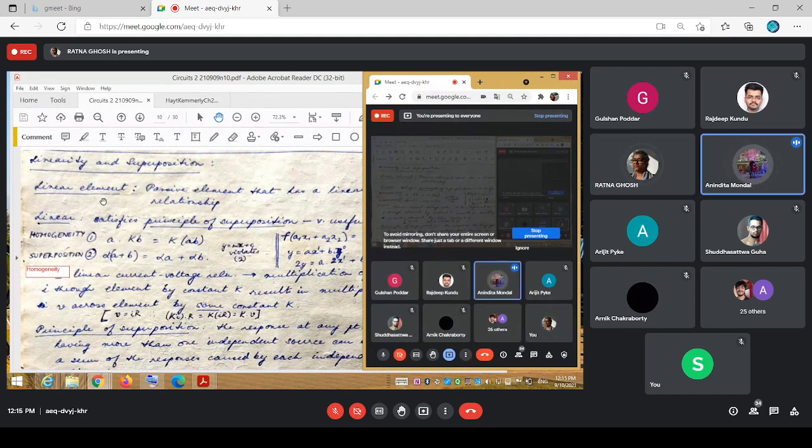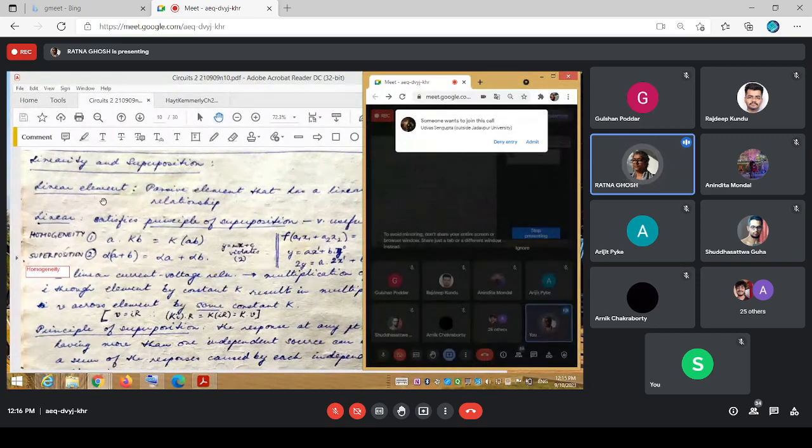Ma'am, in case of a voltage source like a battery, no matter how much current is passing through it, the voltage will always be constant. Exactly. That is the point. You've got it. And Arijit, that is the reply also. For a voltage source, you have a fixed output voltage irrespective of the amount of current that is being passed.